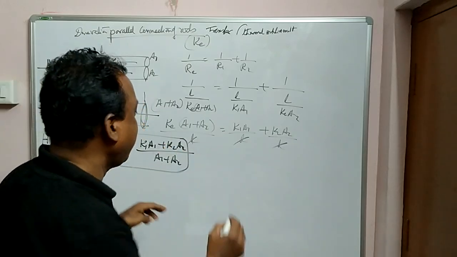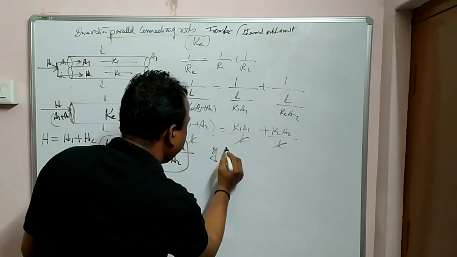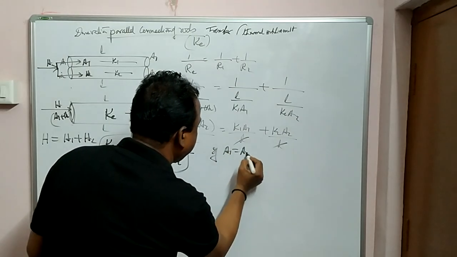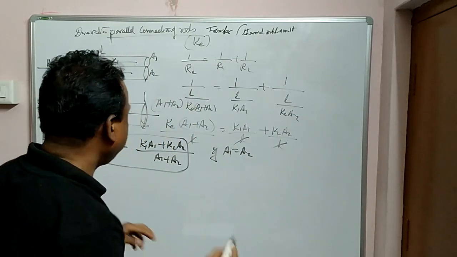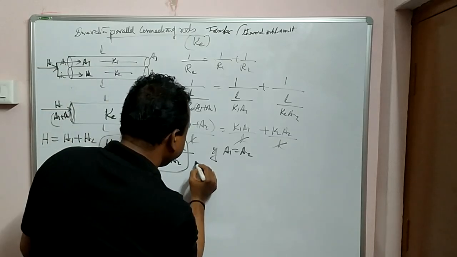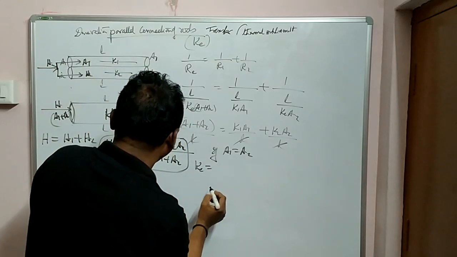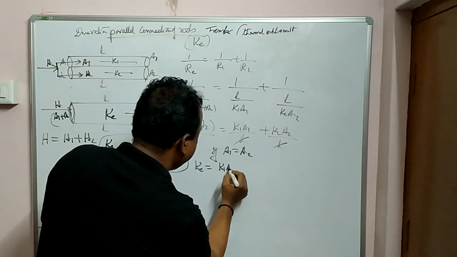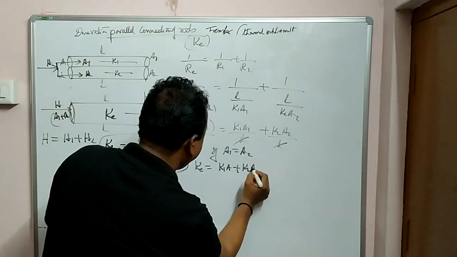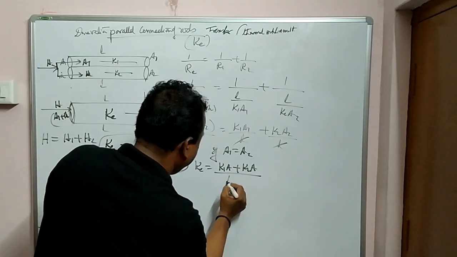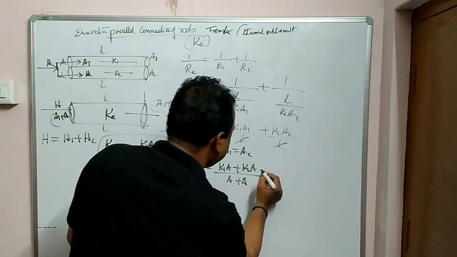For example, if A1 is equal to A2 in this formula, then what happens? K effective value is equal to K1 A plus K2 A by A1 plus A2, that is A plus A. So what happened now?